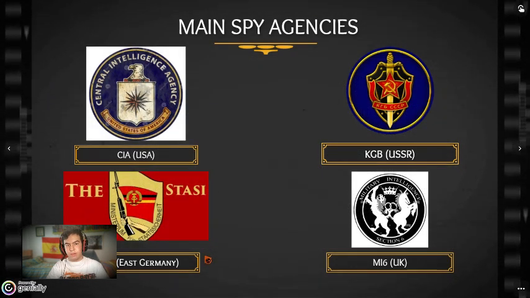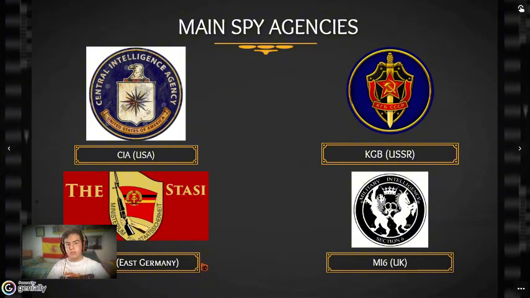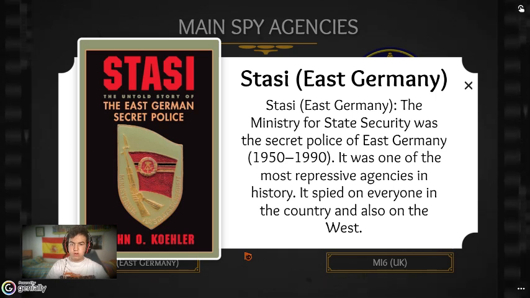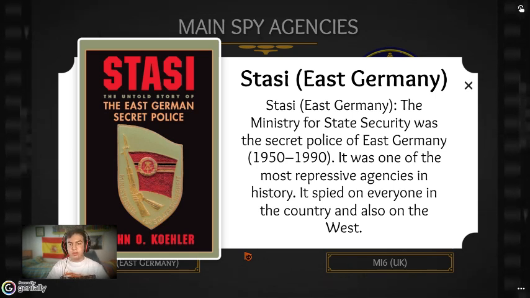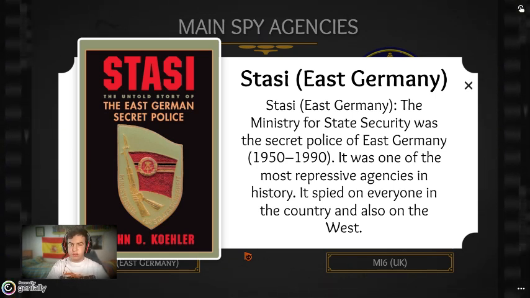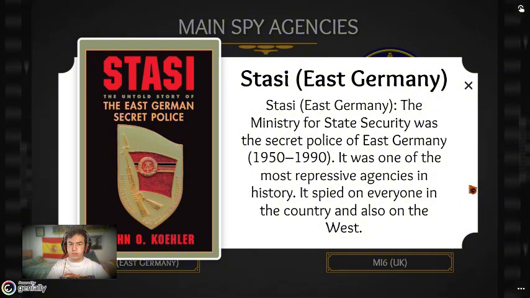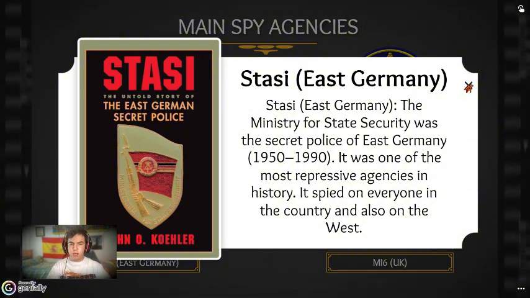And to finish, we have the Stasi of East Germany, which means State Security. It was the secret police of Germany, created around 1915 and 1919, and it was one of the most repressive agencies in history. It spread everywhere in the country and also to the West.